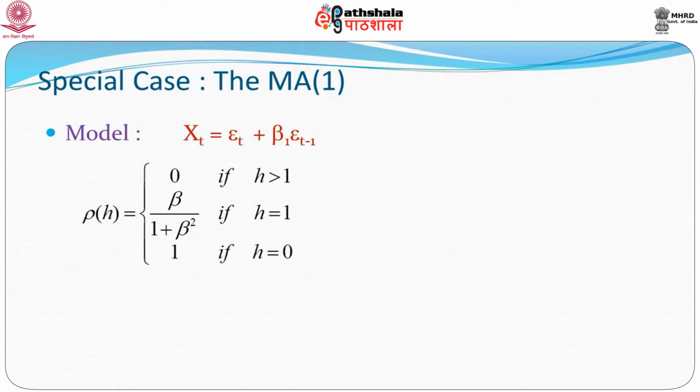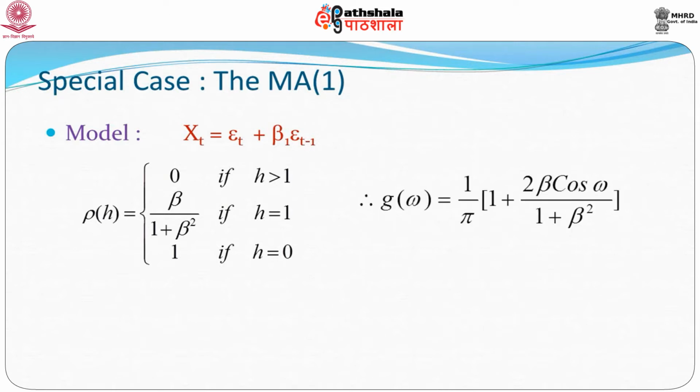In this case, rho h turns out to be 0 if h is greater than 1, it is beta by 1 plus beta square if h is equal to 1, and it is 1 if h is equal to 0. And in that case, g omega becomes 1 by pi into 1 plus twice beta cos omega by 1 plus beta square.